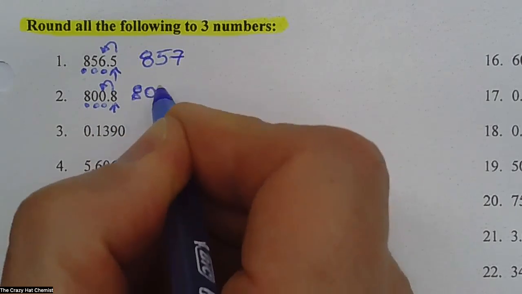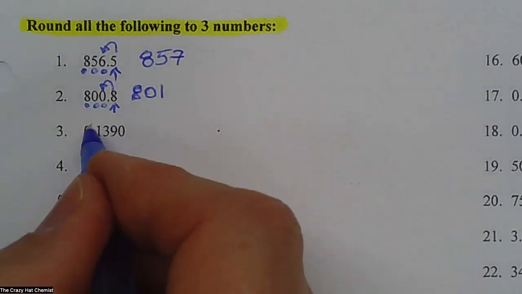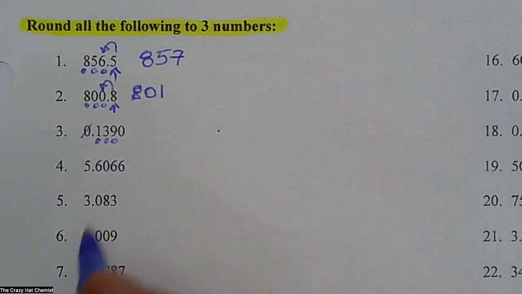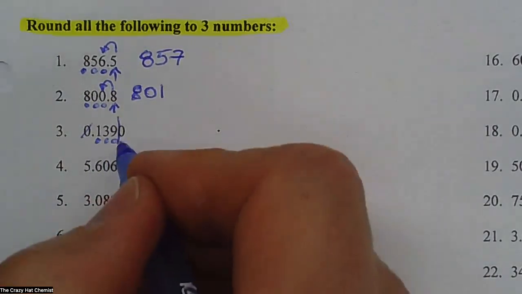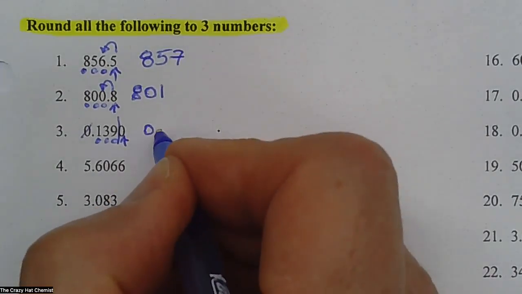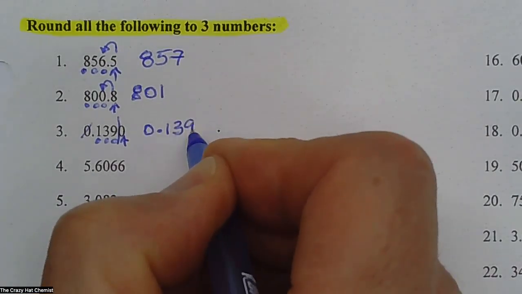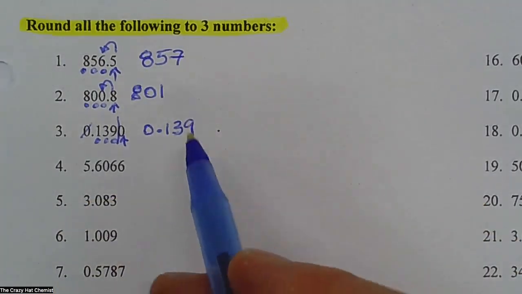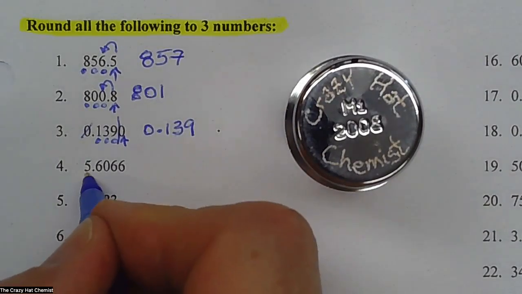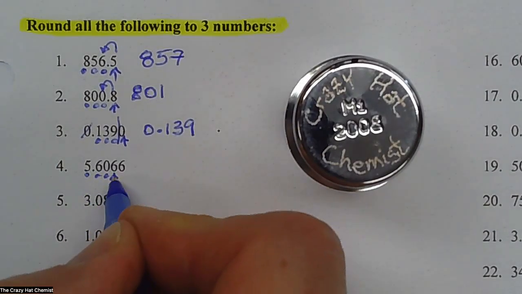That's 801. Leading zeros don't count, and that is 1, 2, 3 numbers. I'm going to chop or truncate the number since that 0 is 0 through 4. So I'm going to have 0.139. Remember, I'm going to have 3 numbers on all of these. Here we go: 1, 2, 3 numbers. I'm rounding with this 6.